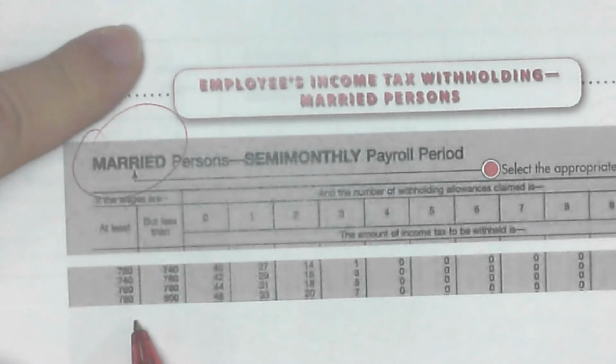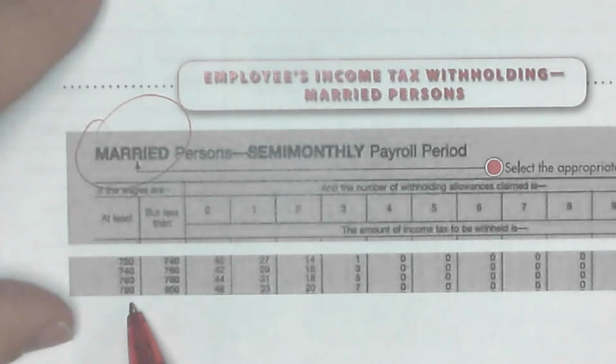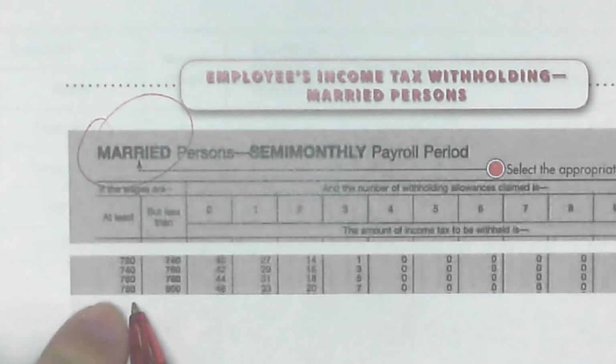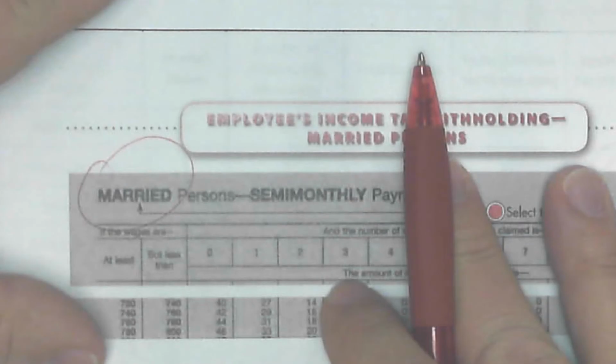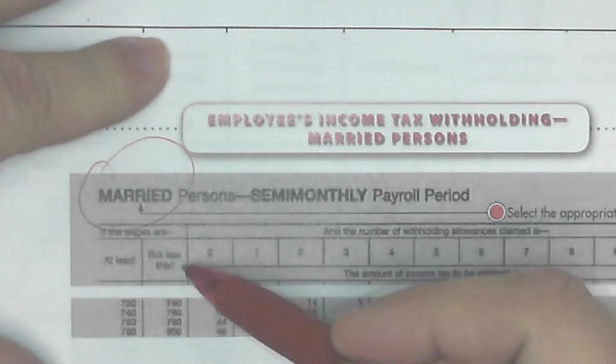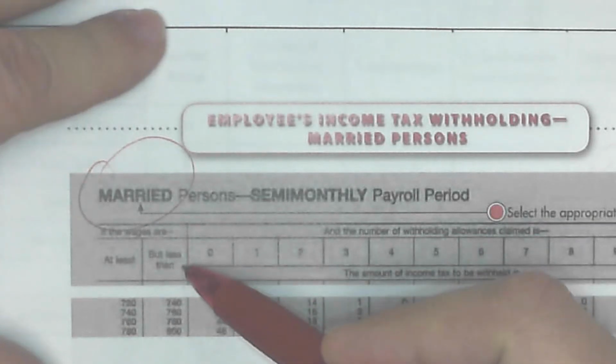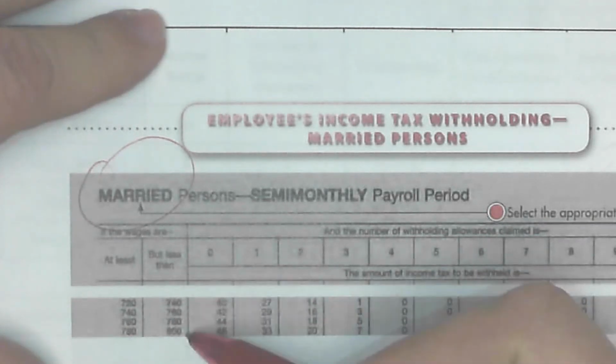As we're going down our money column, we find a range. He made at least $700. And then the other column says 800. So remember your heading. It says less than $800.